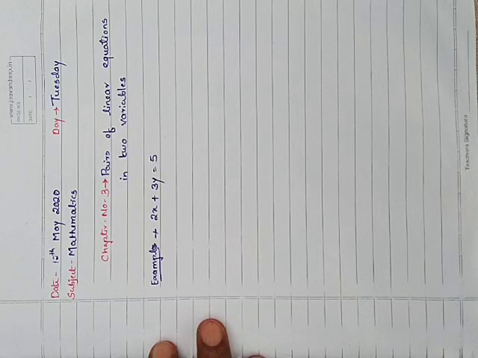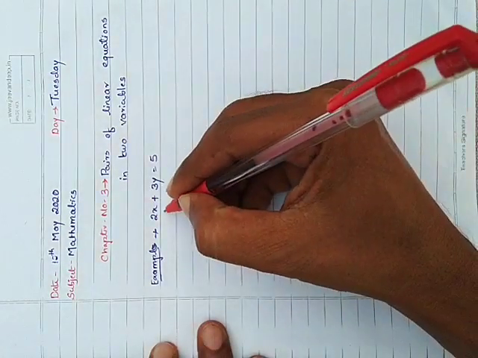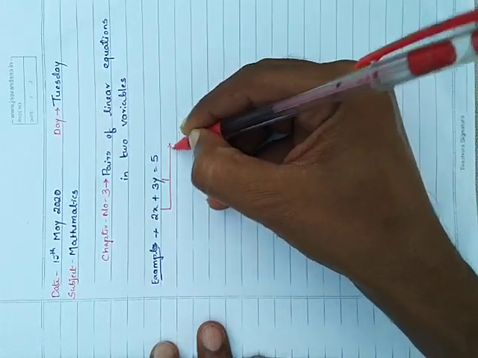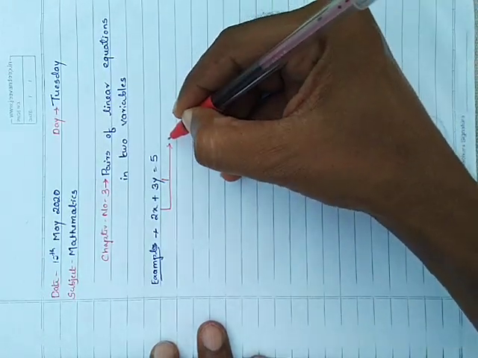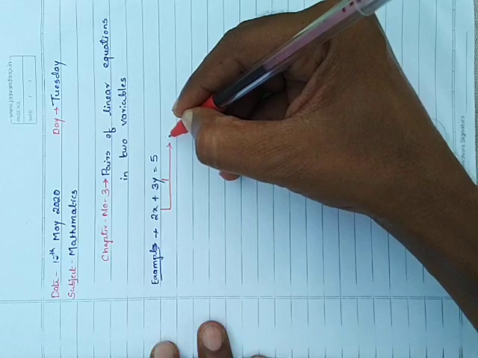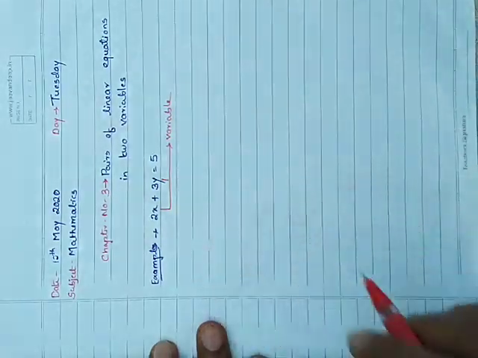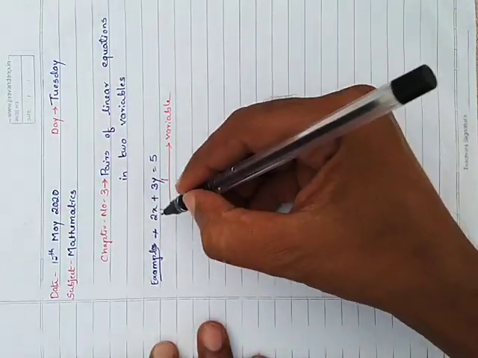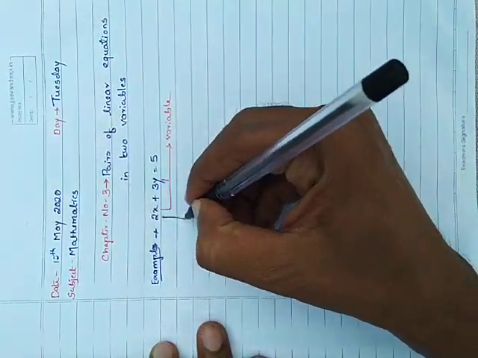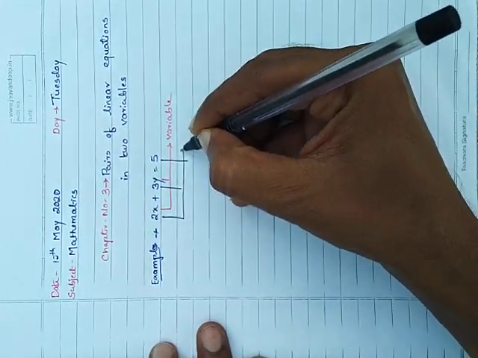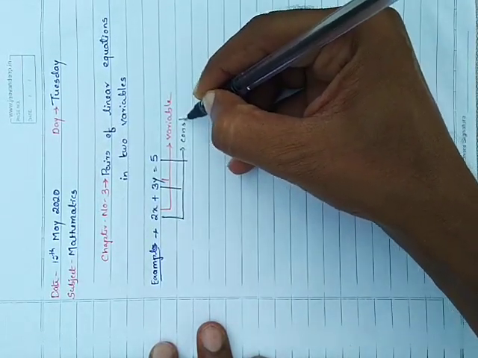Let us decide why it is known as linear equation in two variables. Here you can see x and y, two alphabets can be seen here. So this is going to be a variable, as well as you're finding here 2, 3 and 5. These three are known as constants.